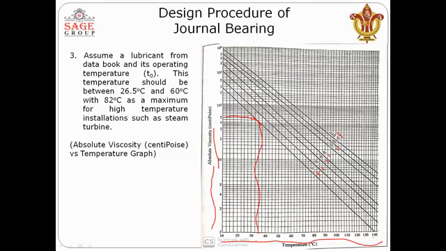So for a steam turbine or a high temperature installation like that, we will use up to 82 degrees Celsius as our working temperature. It is the maximum. Fine. So from here we have identified our lubricating oil, our operating temperature, and the viscosity of our oil.